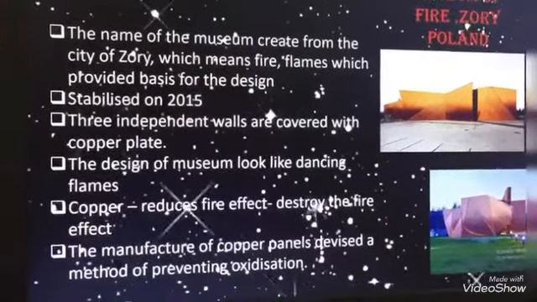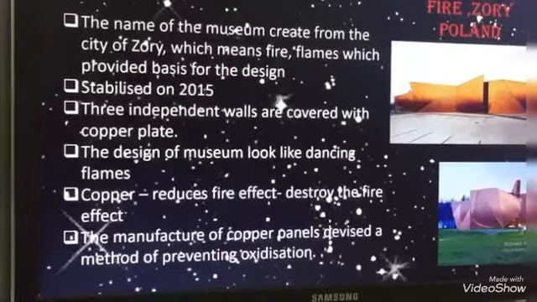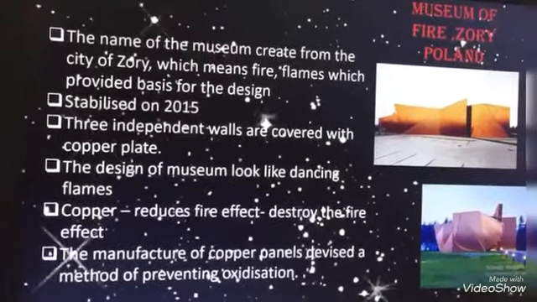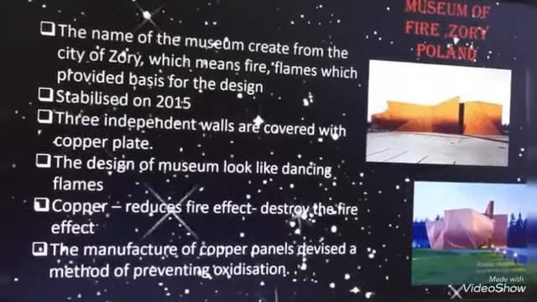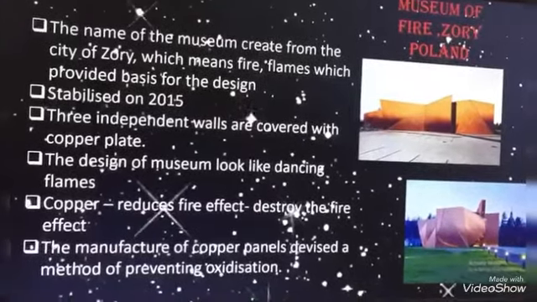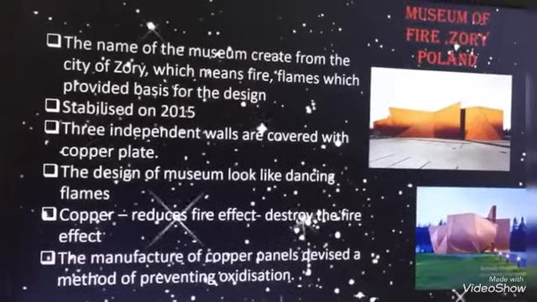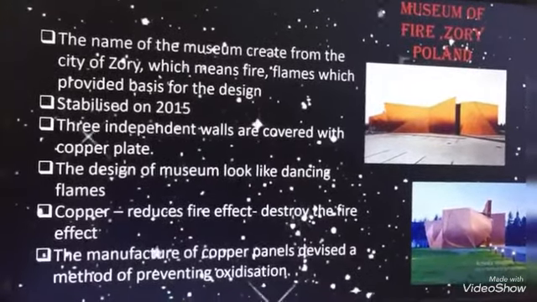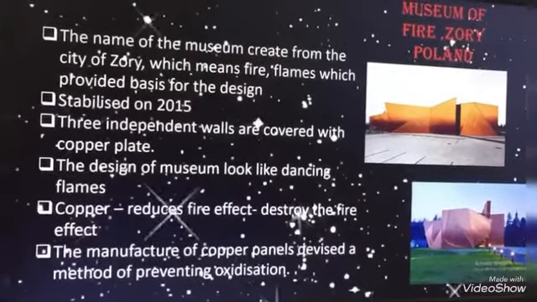The design of this museum looks like dancing flames. The copper used for this building reduces the fire effect. The manufacture of the copper panels devised a method of printing oxidation.